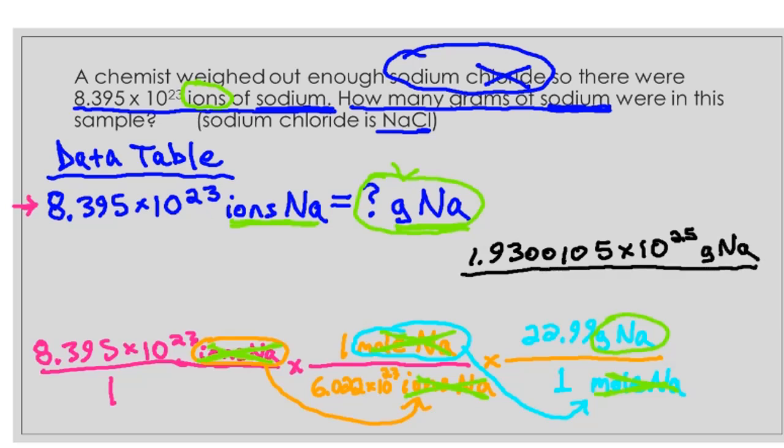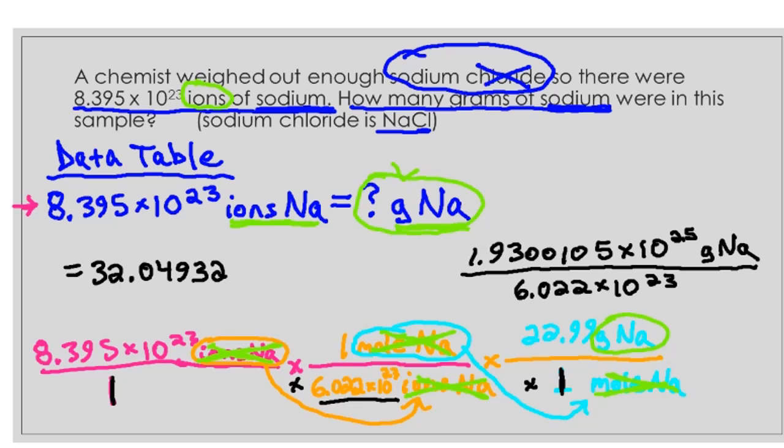And then we multiply across on the bottom of the fraction bar, so we multiply the 1 times the 6.022 times 10 to the 23rd times 1. So that would equal 6.022 times 10 to the 23rd. And our answer we end up getting is 32.04932747 grams of sodium.